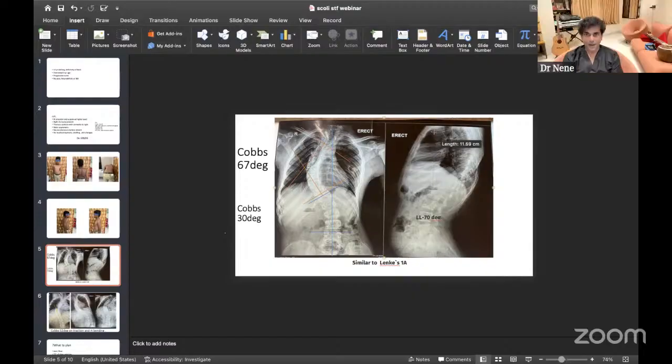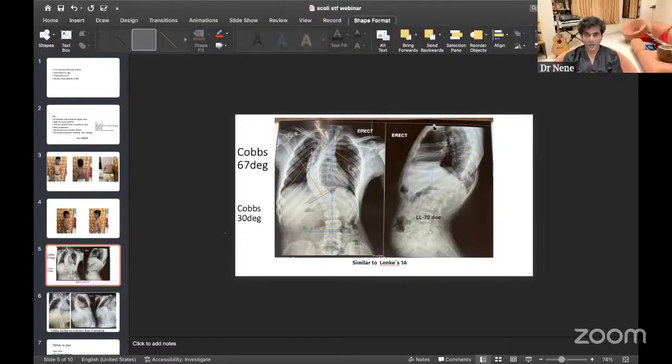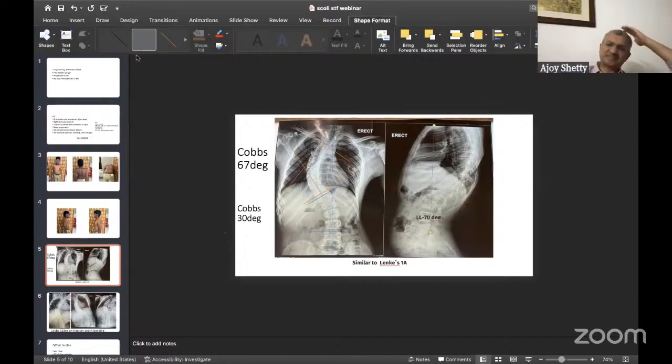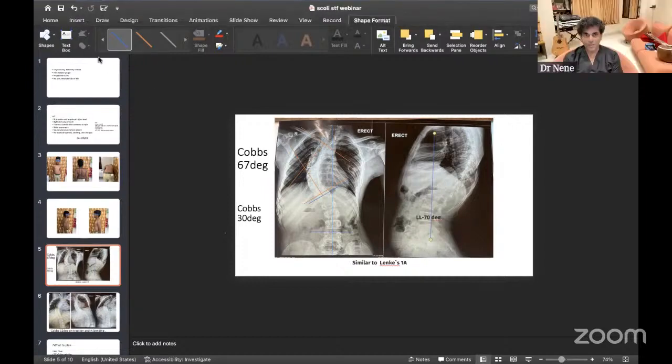L1 is falling way back. Yeah, L2. Yeah, PowerPoint show, please.